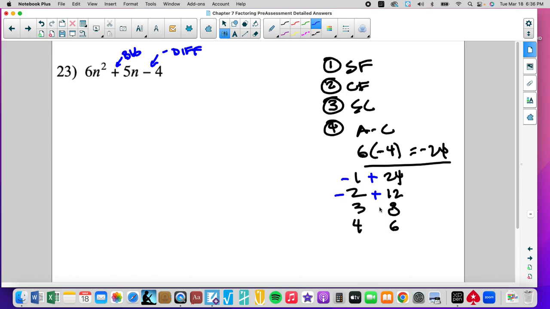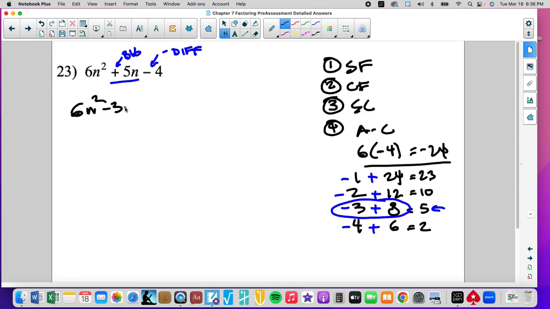Negative, negative, negative, negative, 23, 10, 5, 2. Middle term is 5. Let's take negative 3 and positive 8. 6n squared minus 3n plus 8n minus 4. 3n is the common factor, leaves us with 2n minus 1.